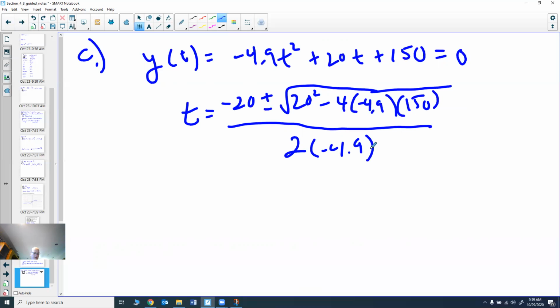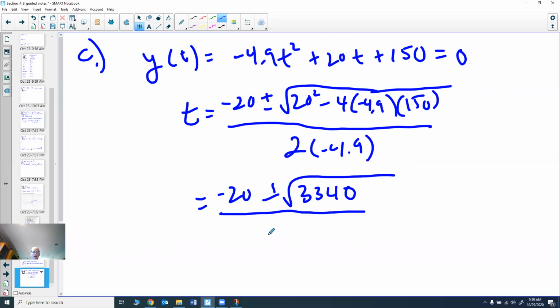So we're going to get 20 squared minus 4 times negative 4.9 times 150. And we get negative 20 plus or minus the square root of 3,340, all over negative 9.8. Sorry, my plus or minus doesn't look like a plus or minus. There we go.